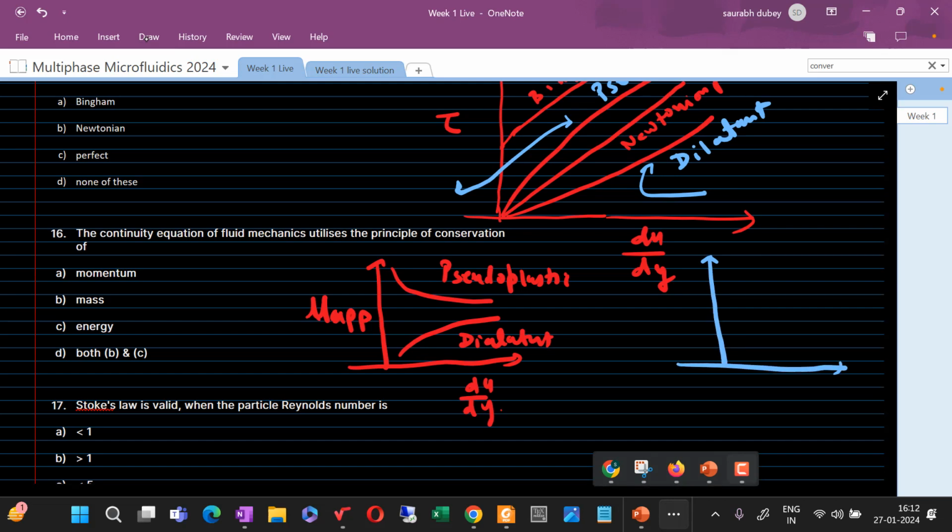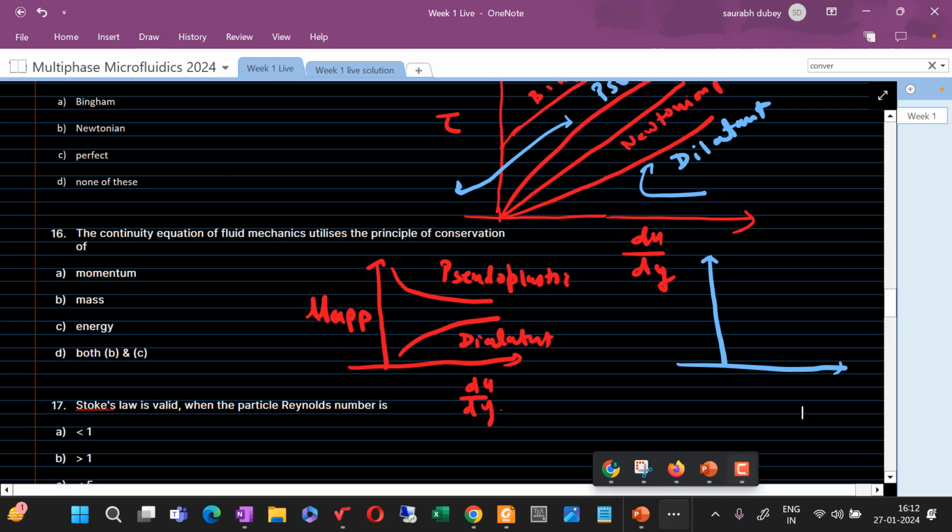And then we will be looking at this. So for the pseudoplastic, what was happening? If the shear strain rate is increasing, then the stress is decreasing. So if we try to plot this way, in these terms, you will be able to get something out, I think.